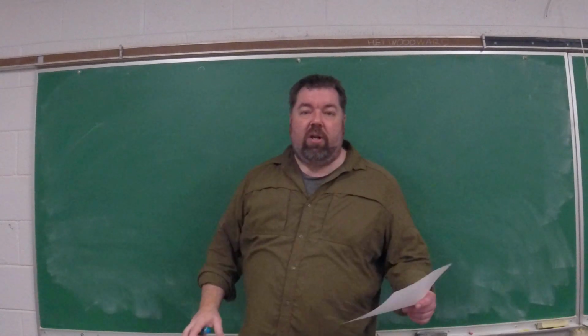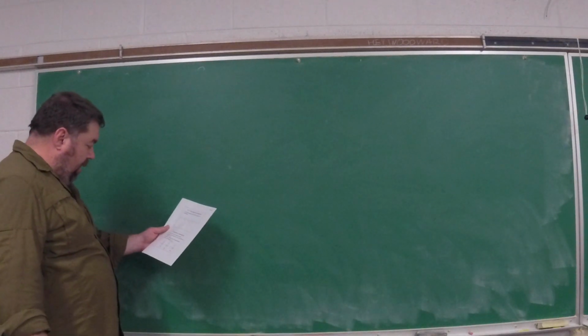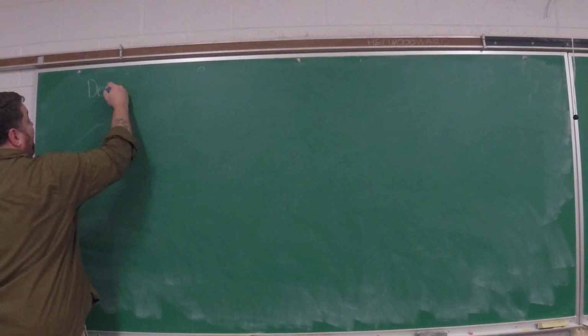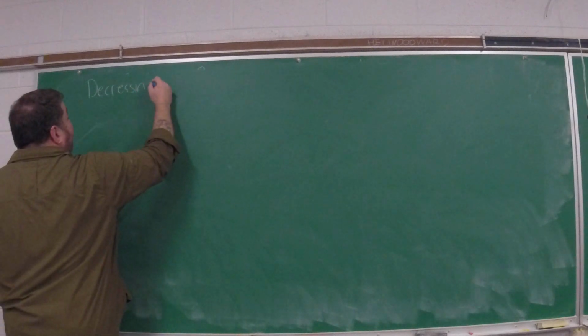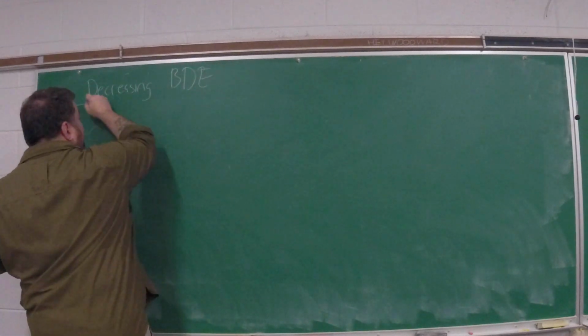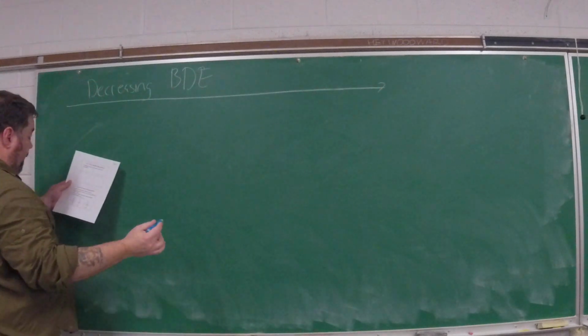Right, let's take a look at some actual numbers for stability, all right? We'll take a look at a tertiary. Again, we have decreasing bond dissociation energy going this way. Remember, tertiary was pretty stable, supposedly, right?